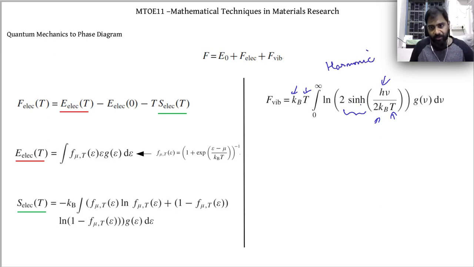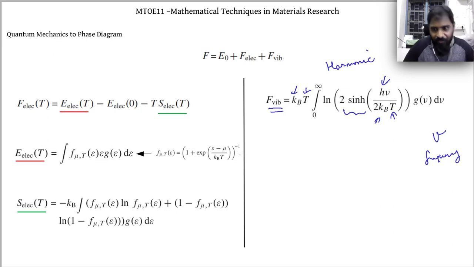So the only parameter that we have to be absolutely sure of is the parameter nu, which talks about the frequency of the vibration. If you are able to estimate the frequency of the vibration, then lo and behold, you will be able to calculate the free energy contribution from the vibration of the atoms.